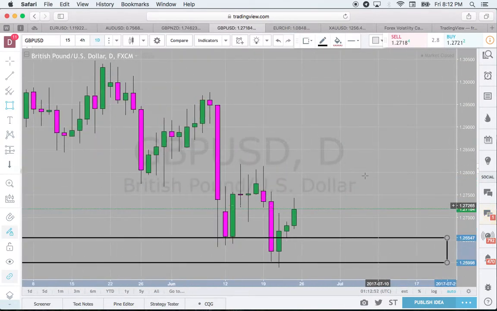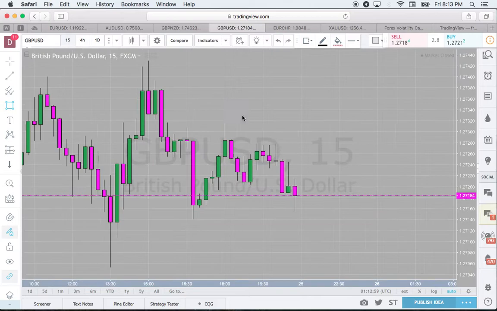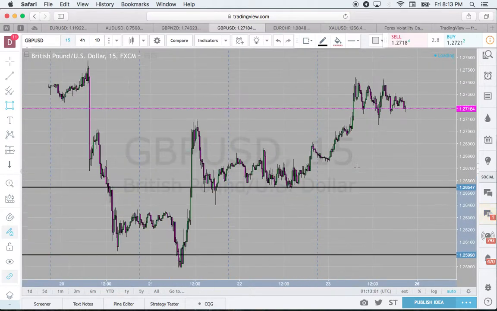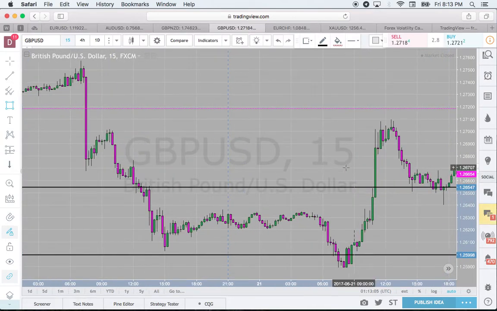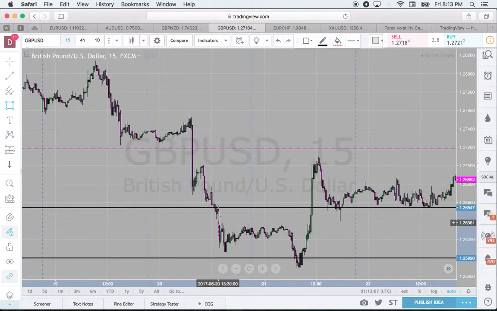And what do we see here? We see that massive spike into that zone. If we go into the 15-minute chart, what else do we see? Well, we can see what happened in this zone.